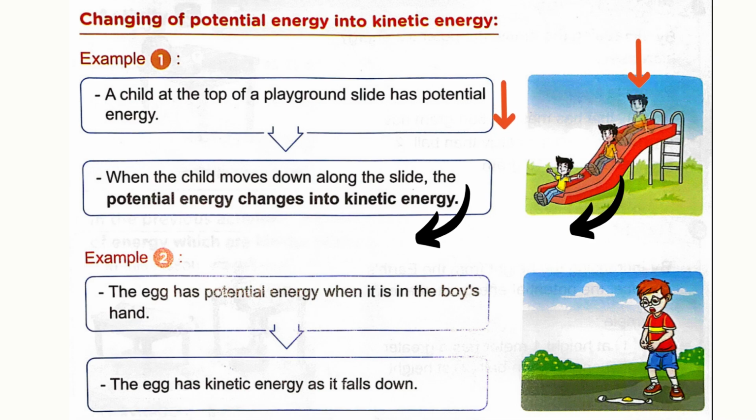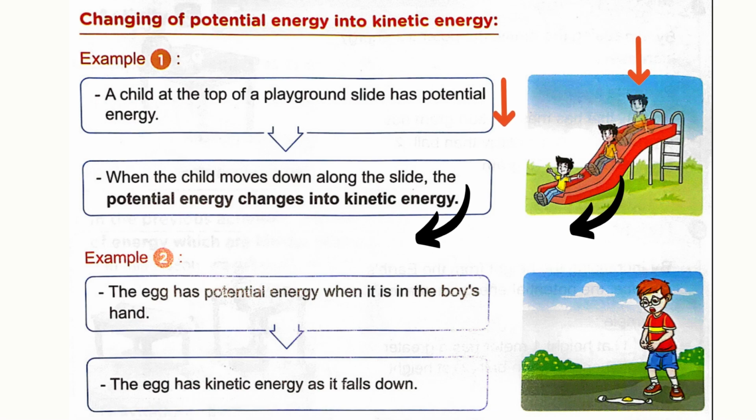We have another example. Here, this boy holds an egg. So here the egg stores potential energy due to its height, due to its position. So when the egg falls from the boy, what happens?